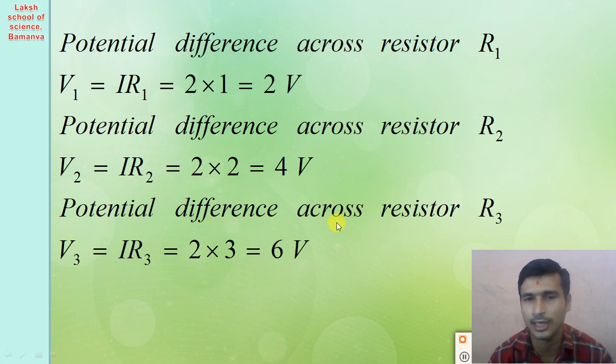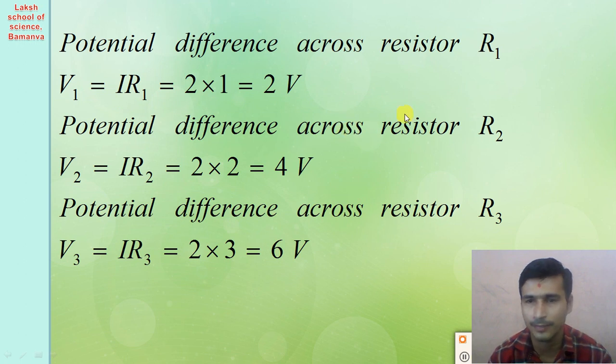Potential difference across the resistor R3, V3, is equal to I into R3, which is 2 into 3, so we get the value 6 volt. So dear students, this way we can calculate the potential difference across each resistor. First we calculate the total current passing through the circuit and then, applying Ohm's law to the individual resistance, we get the potential difference across each resistor.